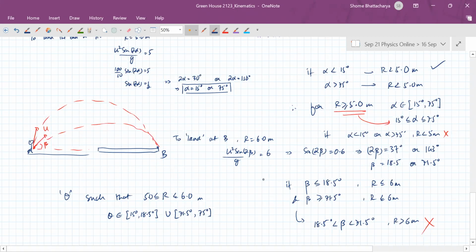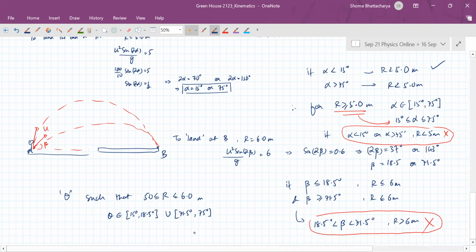So the maths part is a little bit complicated. Please understand that here what we want is that this interval should not be in our set, and this interval should not be in our set. So look for any values of theta between 0 and 90 such that it's not less than 15, and not greater than 75. And at the same time, it is not between 18.5 and 71.5.